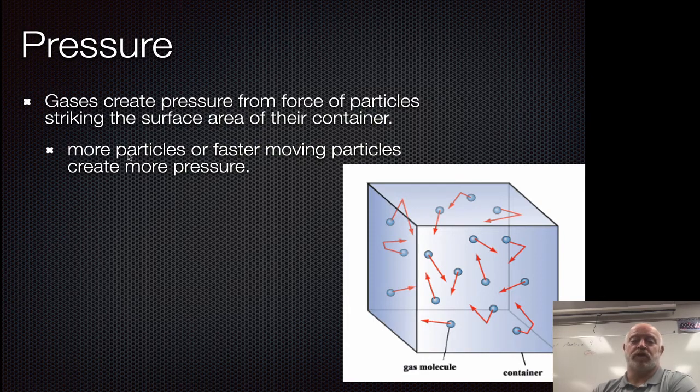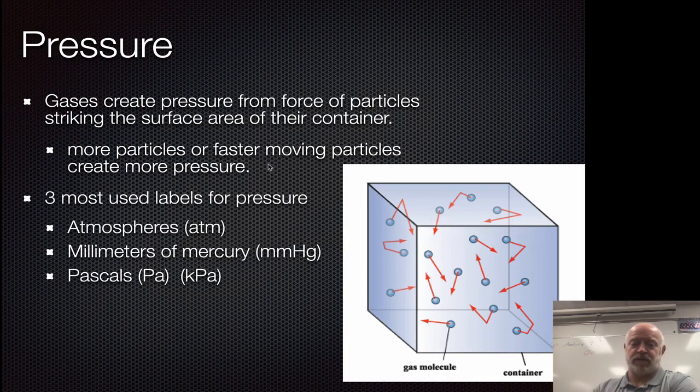So if we have more particles inside of here, or we get them moving faster, we can create more pressure. We'll spend a lot of time talking about collisions in this unit and how if we can just get more collisions or faster collisions, that we can increase our pressures, okay? Now keep in mind that pressure does have a unit to it or a label to it.